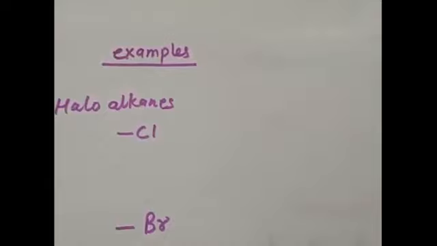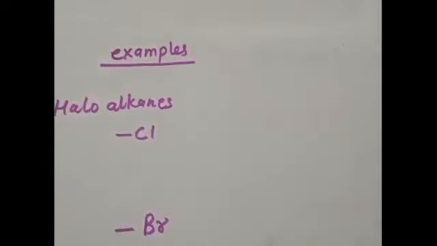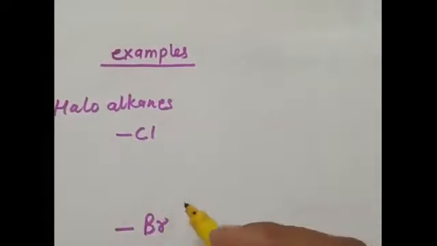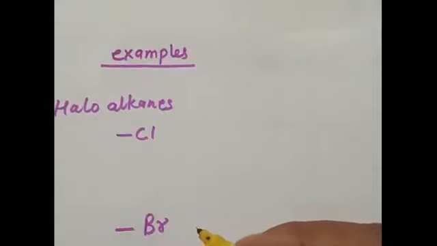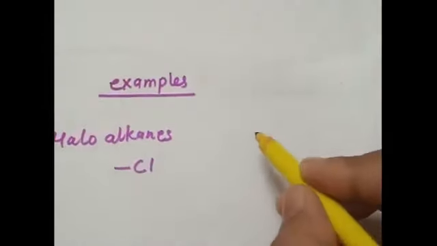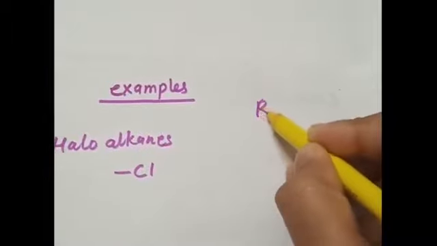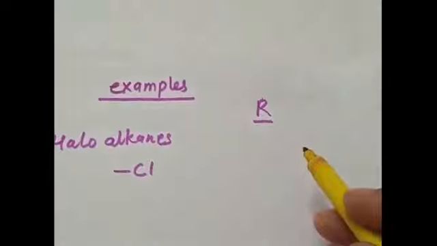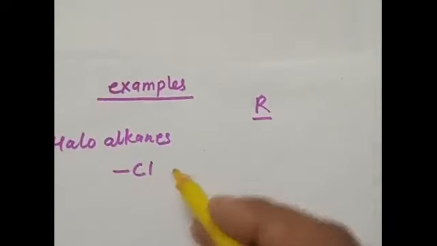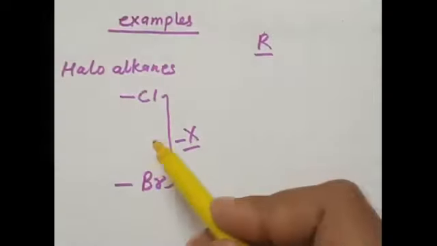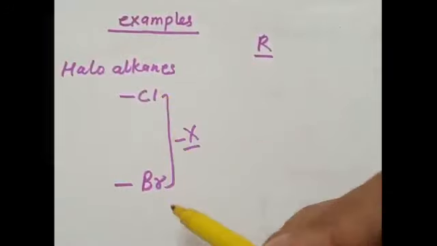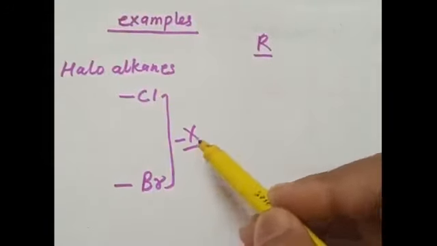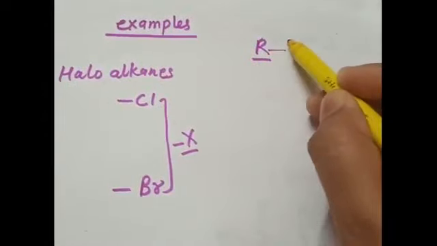The first is haloalkanes, in which we have chlorine and bromine atoms. These haloalkanes are always attached to some carbon chain, so suppose we represent that carbon chain by R. If I represent the chlorine and bromine group as X, then this will be written as RX.